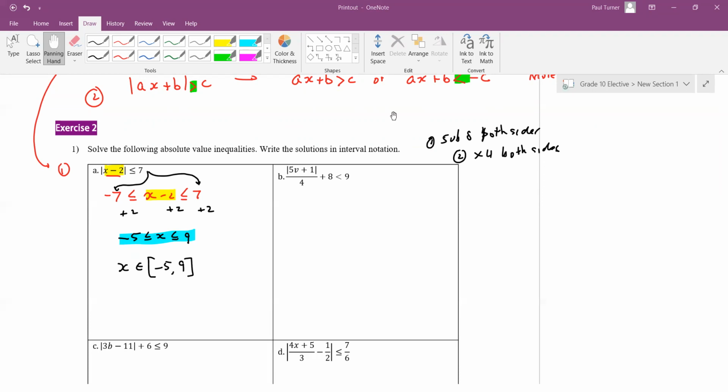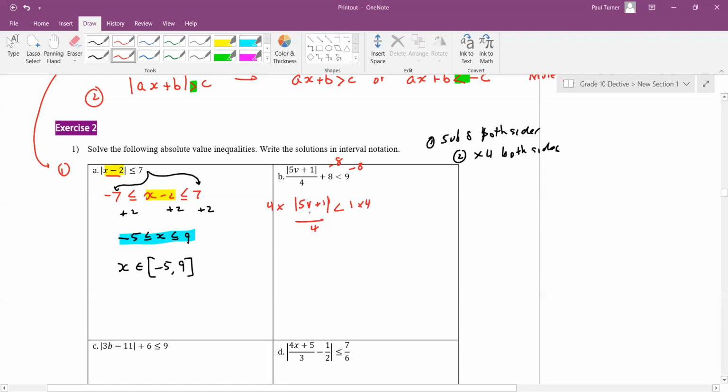Okay, so let's stop there. So we're going to move the 8 to both sides. So subtract 8. So you're going to have the absolute value of 5v plus 1 over 4 less than 9 minus 8, which is 1. Multiply by 4 on both sides, just like a normal equation.